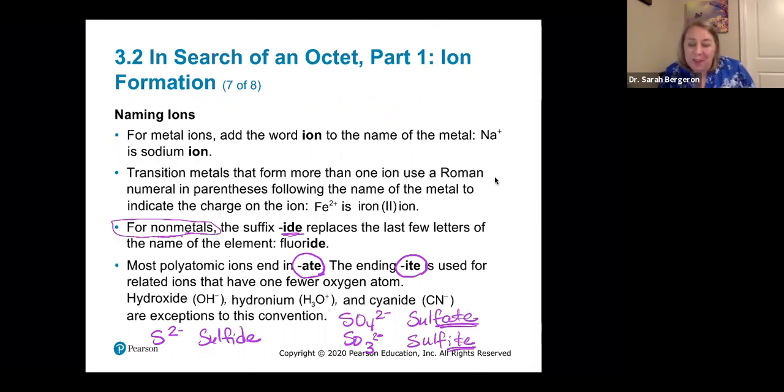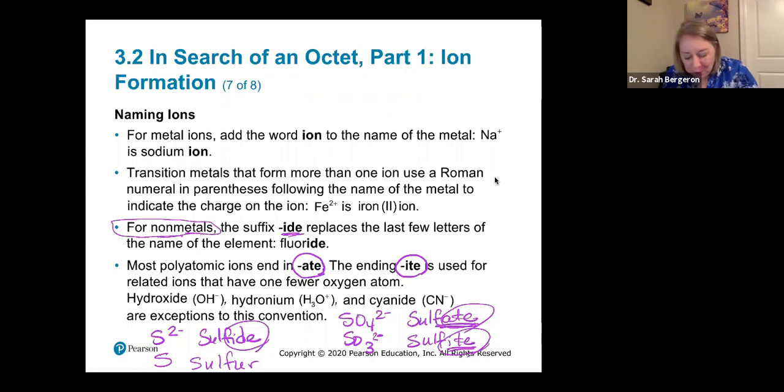Sulfide, sulfate, and sulfite are 3 different things. That's kind of the more tricky one. But what if you just had a neutral atom? You would call this sulfur, right? So be careful with that. You need to recognize the endings and be able to say, oh, is that an anion or is that a polyatomic ion? So you have to be able to tell that.